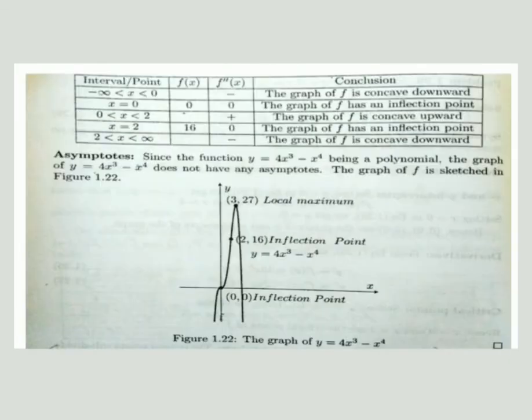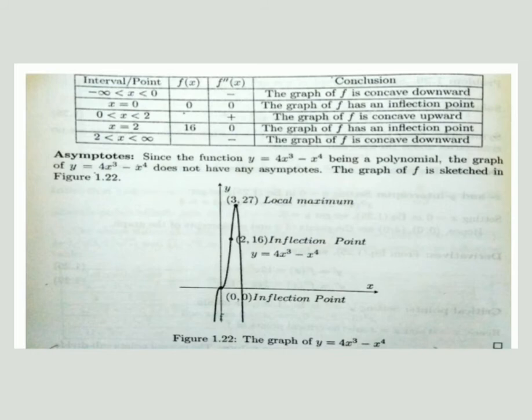Minus infinity to 0, f double dash of x is negative. The graph of f is concave downward. x is equal to 0, both f of x and f double dash of x are 0. So next, as x varies between 0 and 2, f double dash of x is plus. So the graph of f is concave upward. Next, x is equal to 2, f of x will be 16, f double dash of x will be 0.